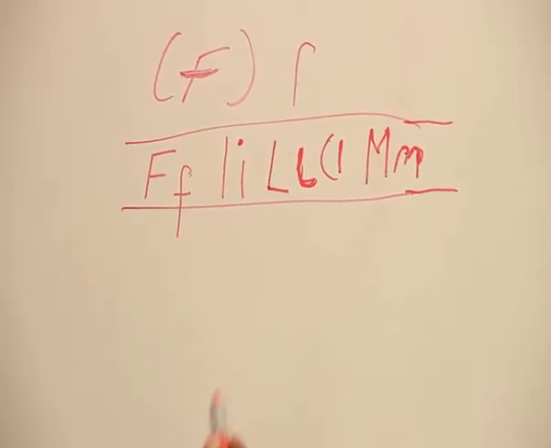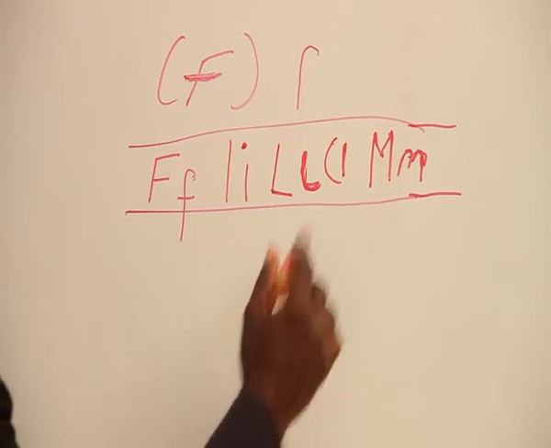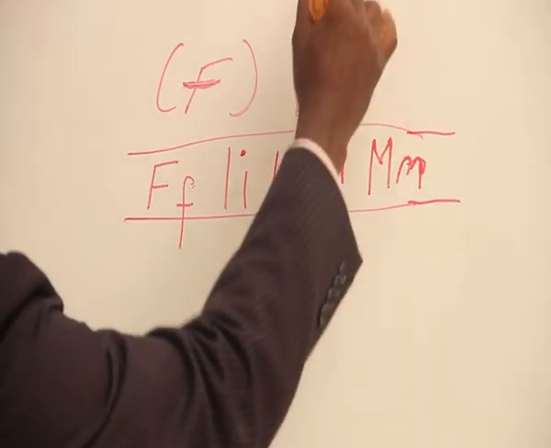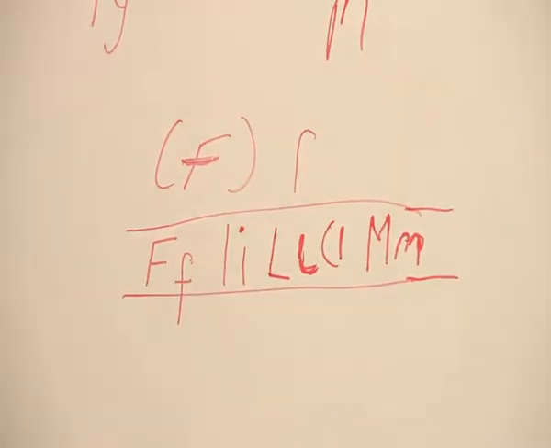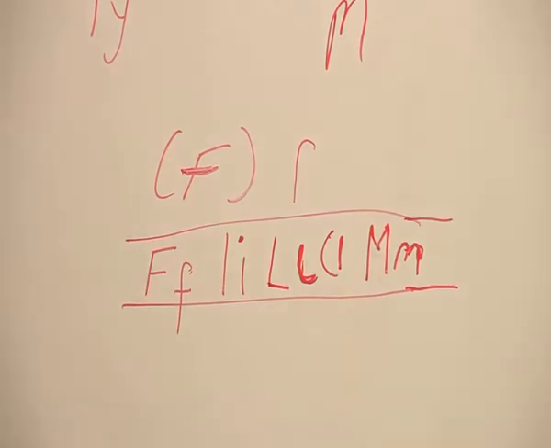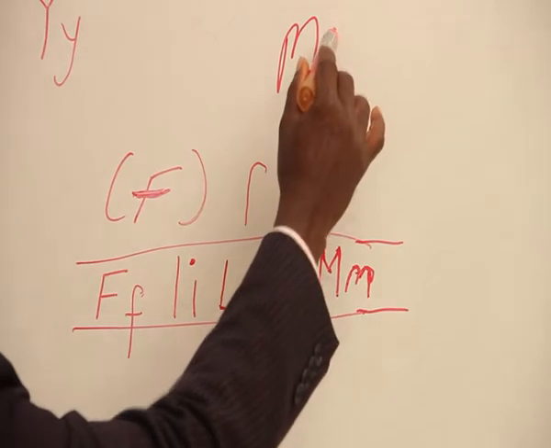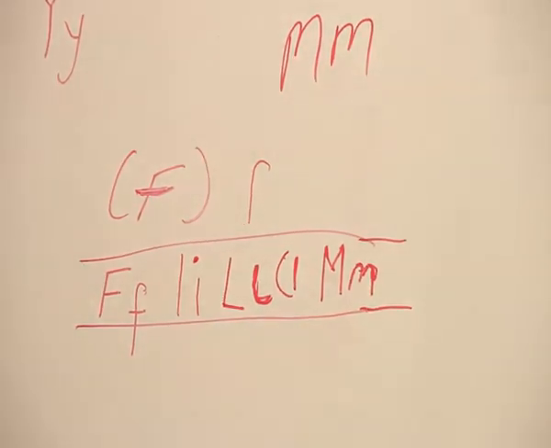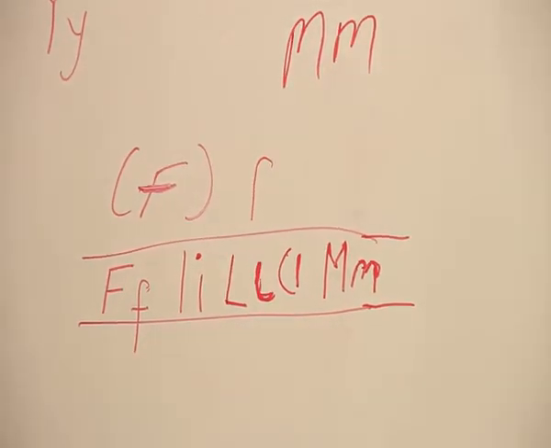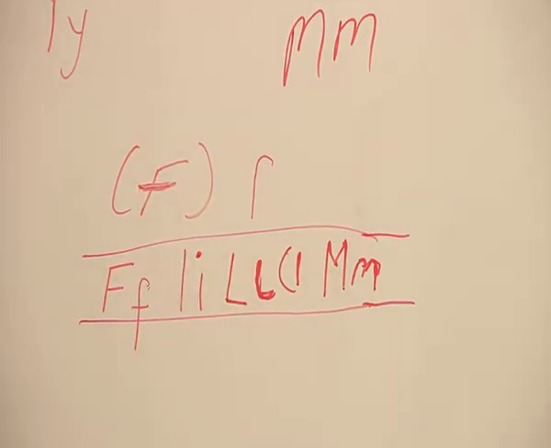So if you are writing your capital letter M and you make it big like this, sometimes if it's not that much bigger than your small letter m, it creates confusion. It becomes difficult for us to know which is the capital letter and which is the small letter.